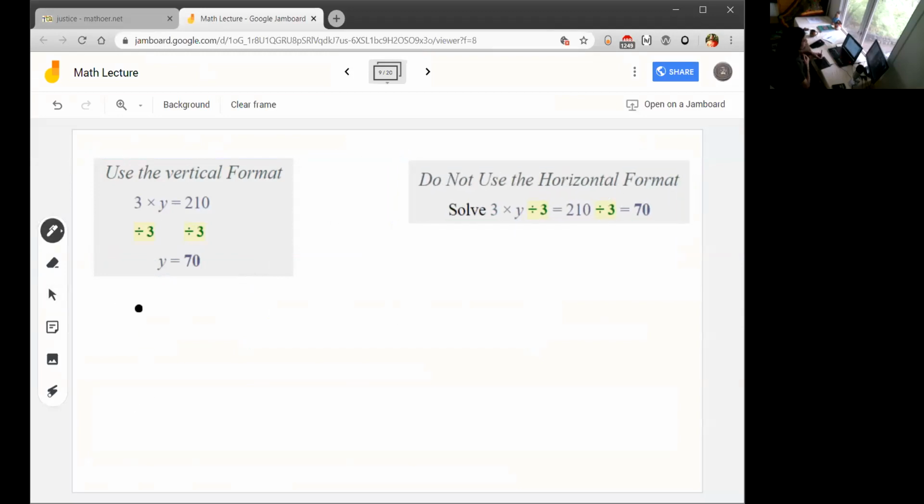So if I want to do 3 times y equals 210, then, as you've seen all today, every time I do a new step, I'm going to move to a new line. What's the opposite of times 3? It's divided by 3. If I do it to one side, I have to do it to the other.